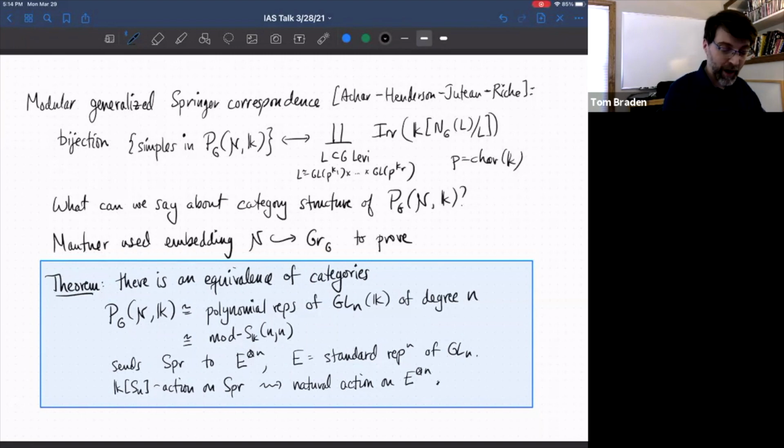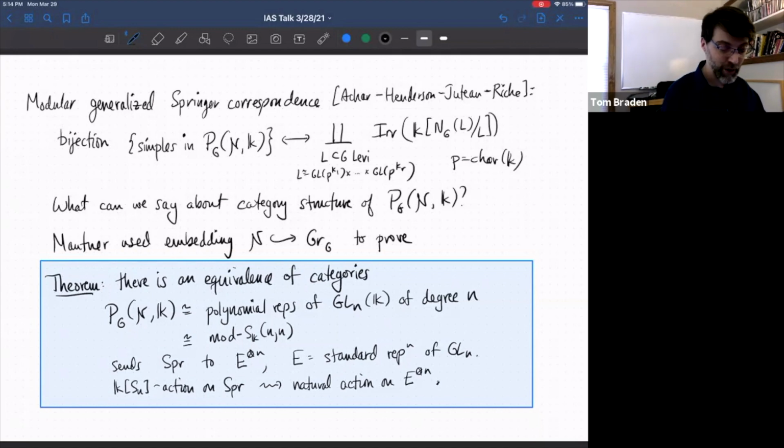And so Carl Mautner, starting with his thesis work, used the embedding. There's an embedding of the nilpotent cone of GL_n into the affine Grassmannian for G, and therefore you can relate perverse sheaves on N to the Satake category.